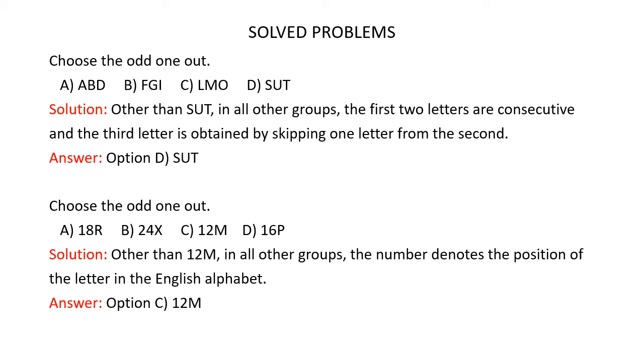That is, in option A, A and B are consecutive letters and D is obtained by skipping one letter after B. Similarly, in option B, F, G are consecutive letters and I is obtained by skipping one letter after G. Similarly, in option C, L, M are consecutive letters and O is obtained by skipping one letter after M. But this pattern is not followed in SUT.